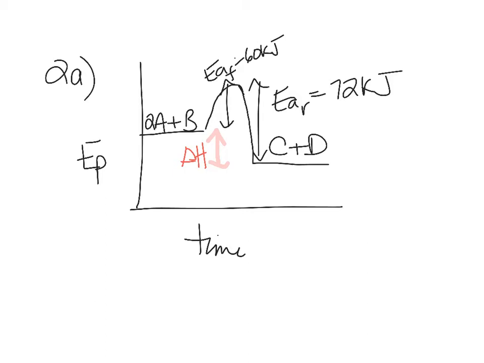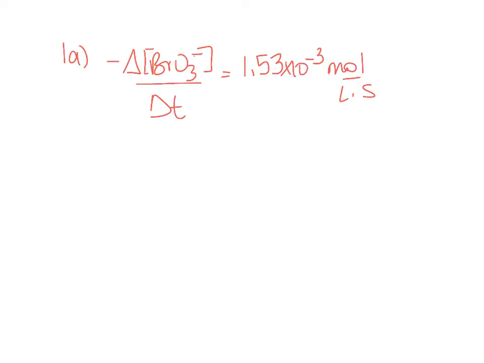It is -12 kilojoules. Then you take this value from A, and you multiply it by the mole ratio of bromine to bromate.